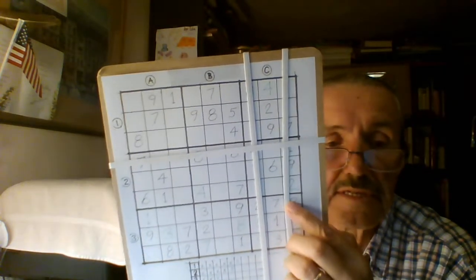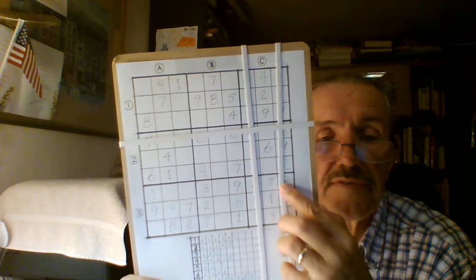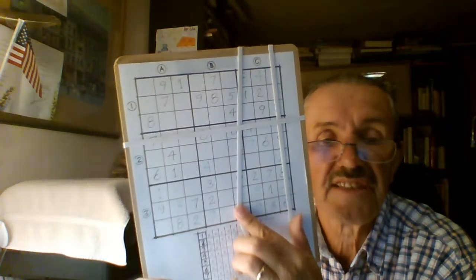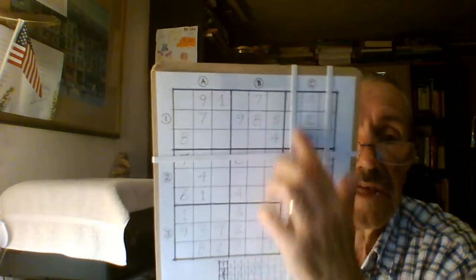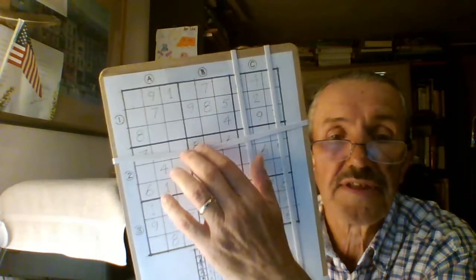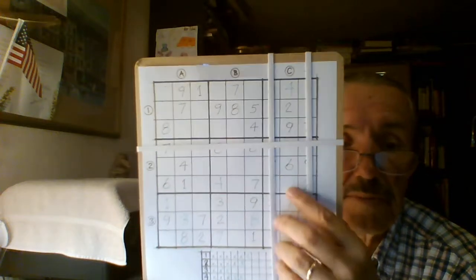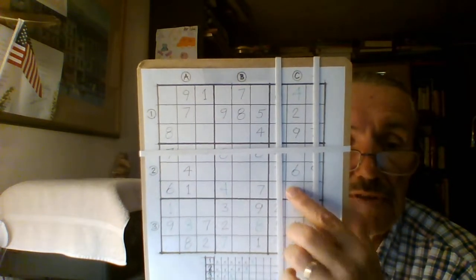Number 8 exists in this column over there. Number 8 exists in this column over there. And number 8 exists in this row over there. And one available space for number 8 in this square is over there.